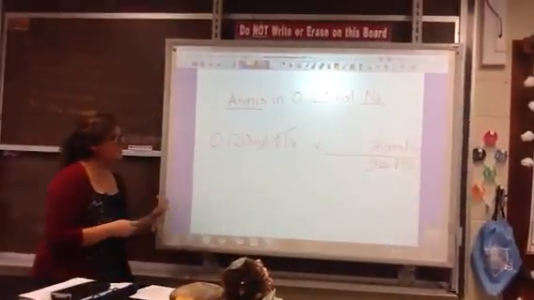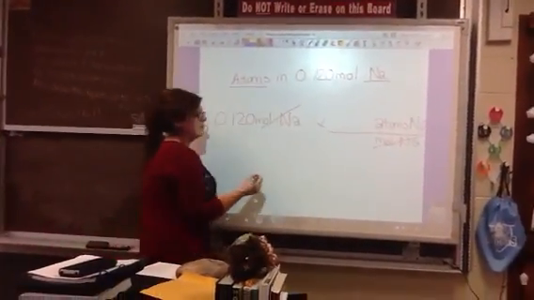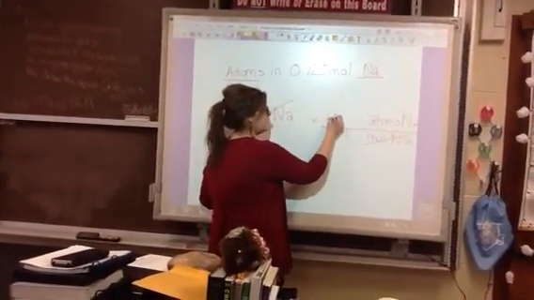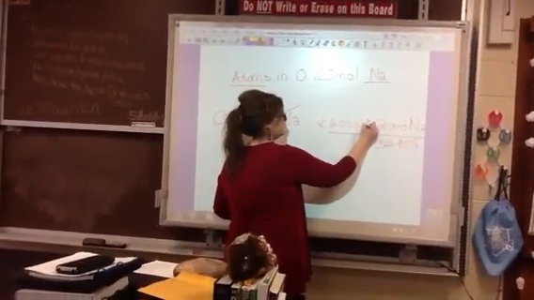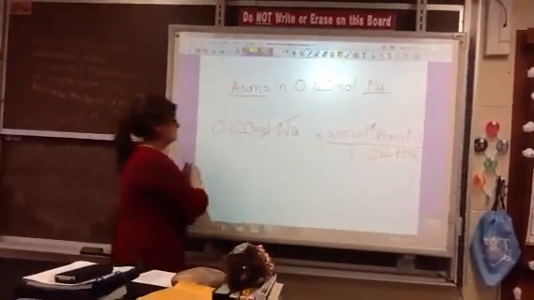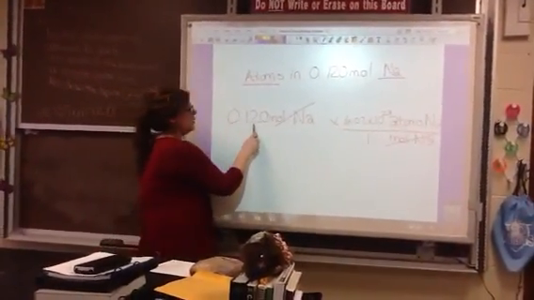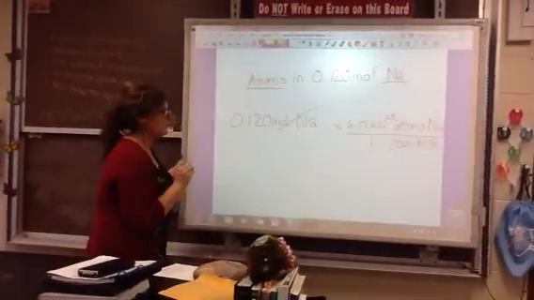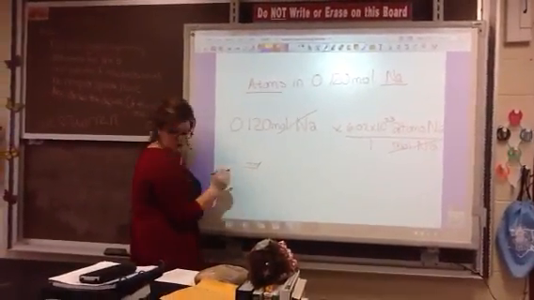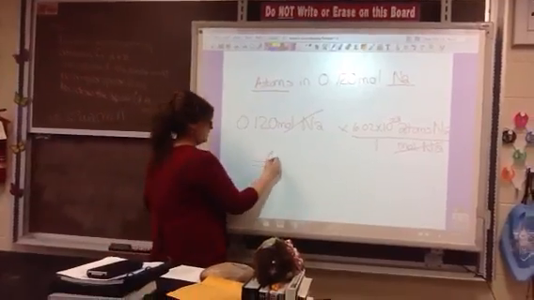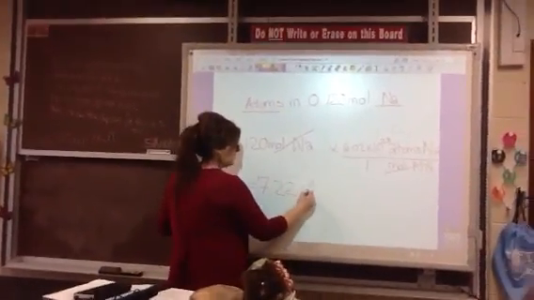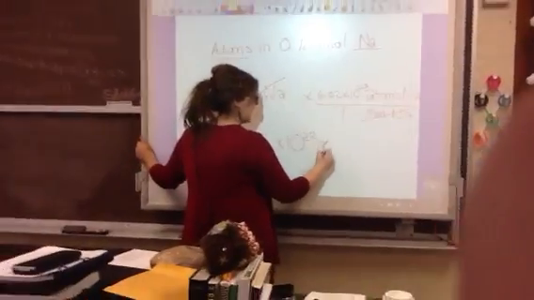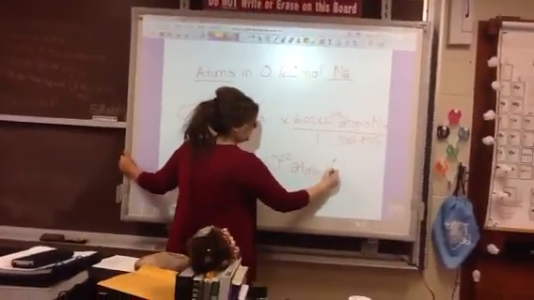Well, I know that Avogadro's number is that for every 1 mole, there's 6.02 times 10 to the 23rd atoms. So I would take 0.120 times 6.02 times 10 to the 23rd. I'd multiply those, and you should get 7.22 times 10 to the 22nd, and that's atoms of sodium.